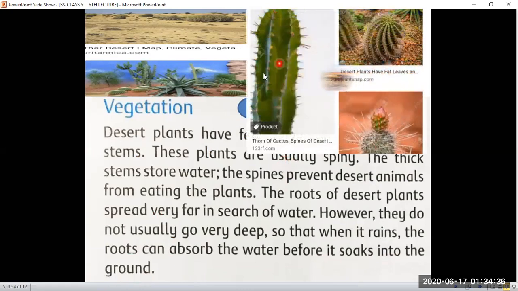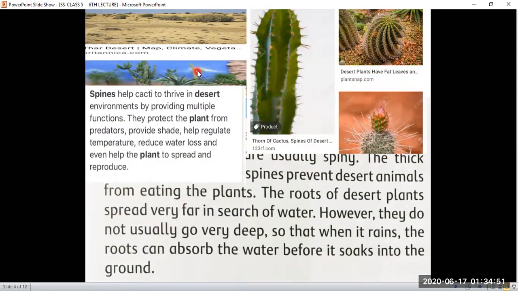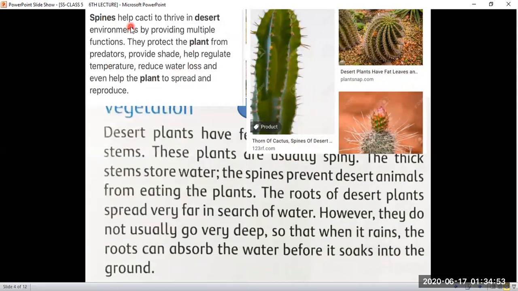So now separately we are talking about the spines. These are the spines which prevent the desert animals from eating the plants. Spines help cacti. Look at this one. These are the cacti plants, which thrive in desert environments by providing multiple functions.